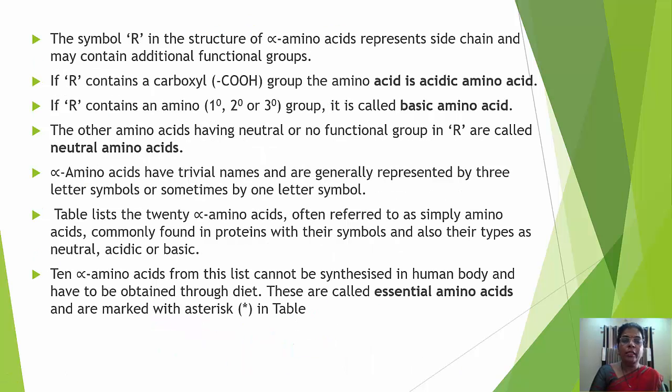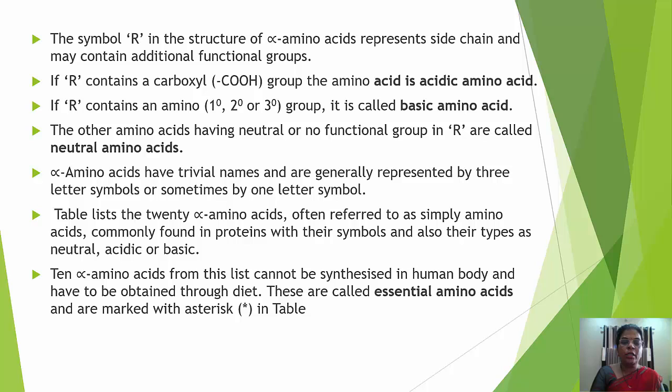The other amino acids having neutral or no functional group in R are called neutral amino acids. That is, if R, which is attached to the alpha carbon atom, does not contain any functional group, then it is called a neutral amino acid. Alpha amino acids have trivial names and are generally represented by a 3-letter symbol or sometimes by a 1-letter symbol.